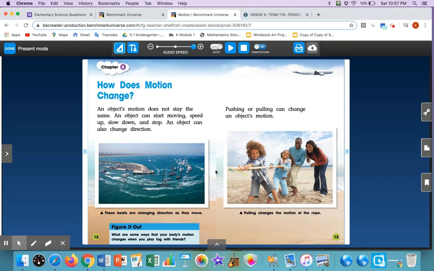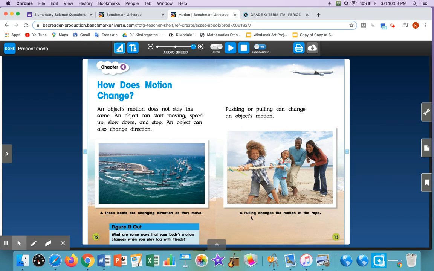I'm going to look at the captions to help me understand. I can see that these boats are changing their motion. They're changing their direction. They're coming from way back here and they're making a curved line to avoid hitting this pier. These boats are changing direction as they move, and I can see that.